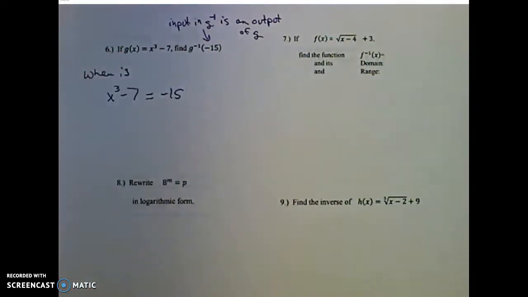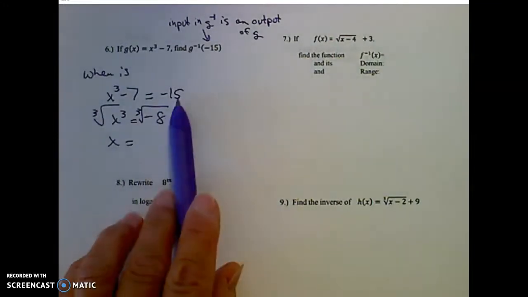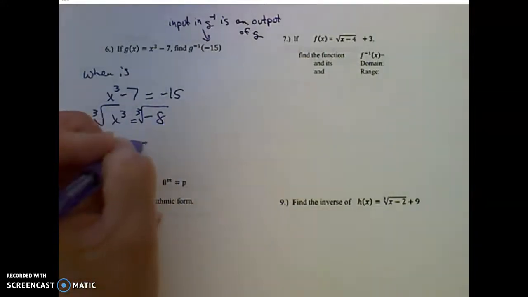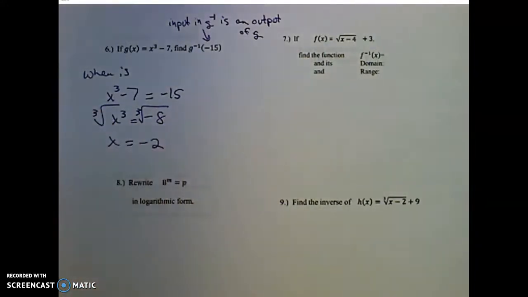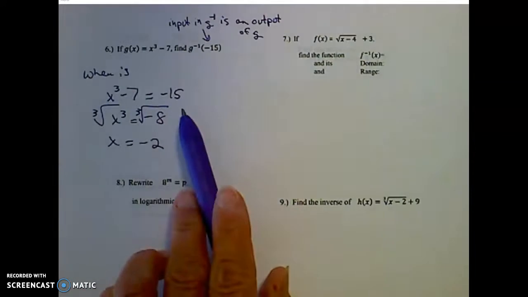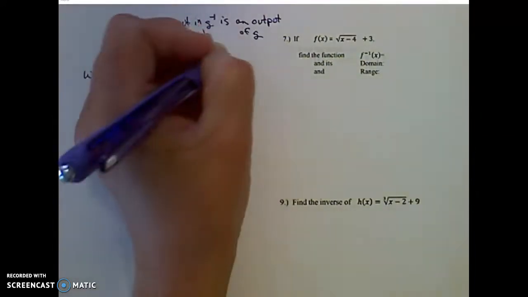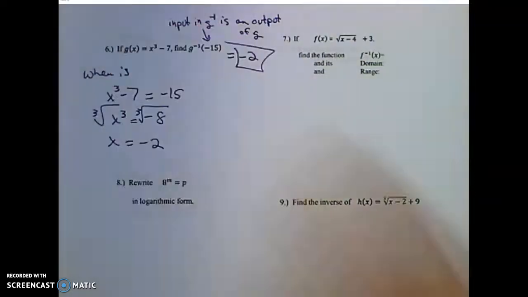Stop and solve that if you have not. The output of negative 15 occurs at, add 7, cube root both sides, I get negative 2 for my input. So on the inverse, an input of negative 15 is going to give me an output of negative 2.